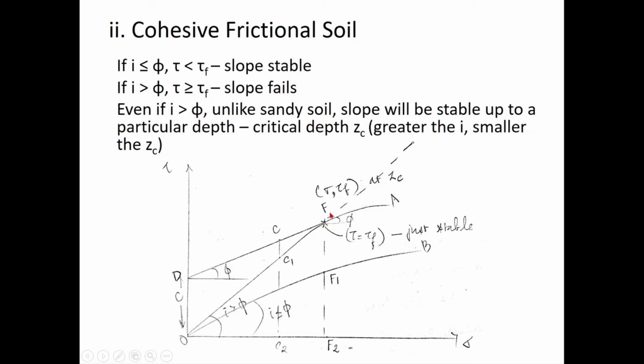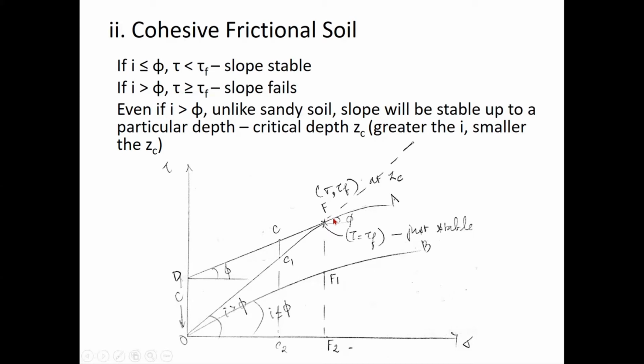Up to a particular depth the slope can stand on its own. But as the depth increases, the stresses and the shear stresses developed increase, and after a particular depth your tau can be greater than tau f, and the slope will be unstable and it can fail. So at this point your tau is equal to tau f and the slope is just stable.